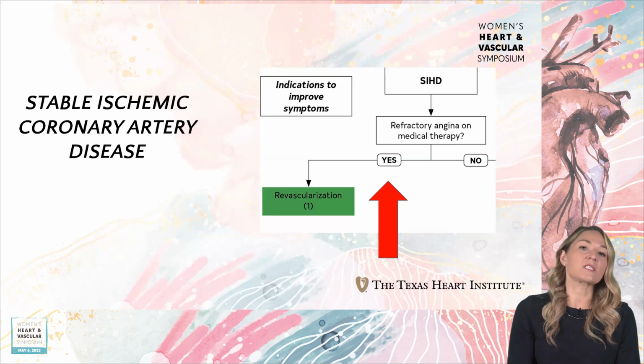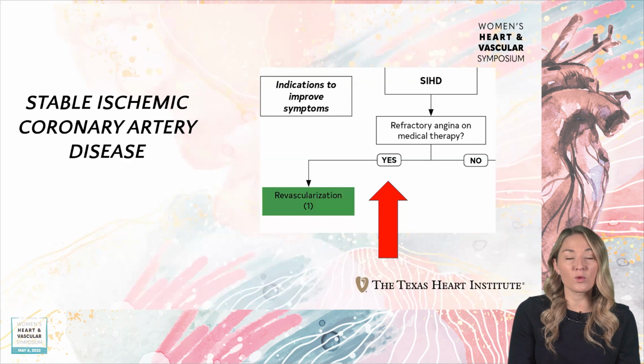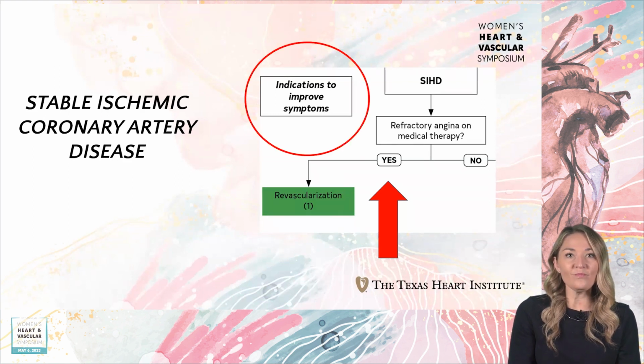And if the answer is yes, then revascularization is a class 1 indication. And you see on the top left, these are indications to improve symptoms. That's important because we've had a really hard time with trials to prove that stents improve mortality, but symptoms certainly.